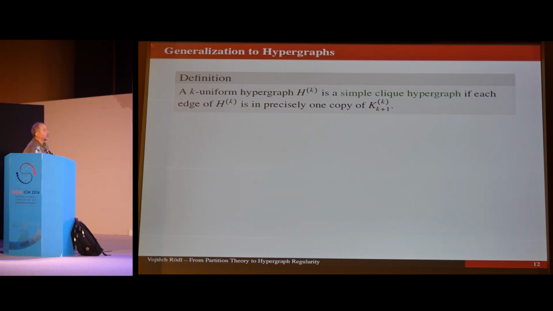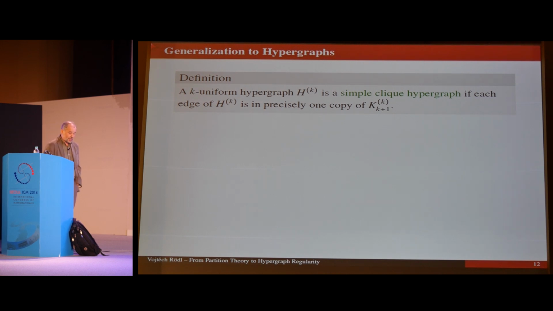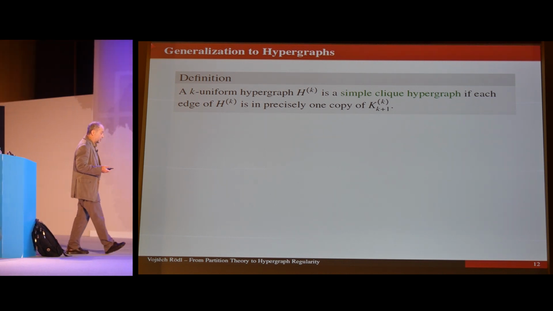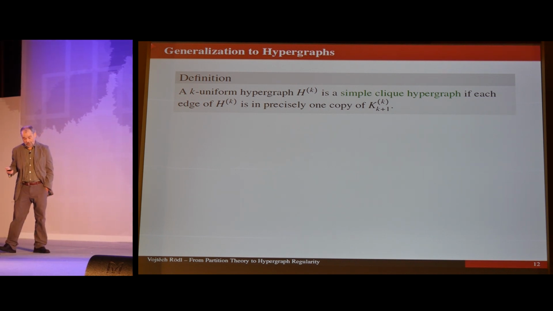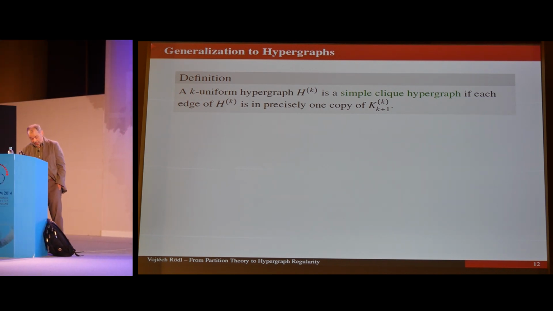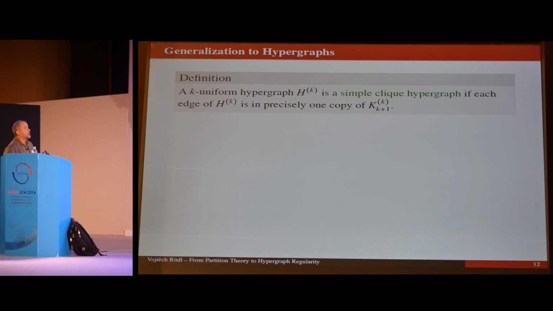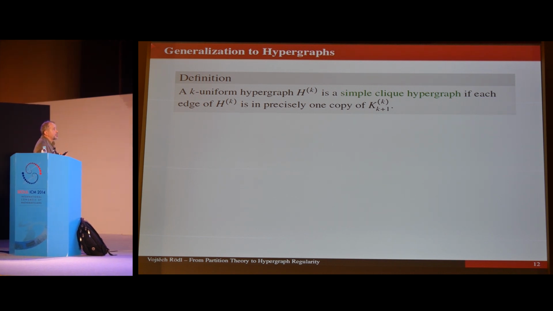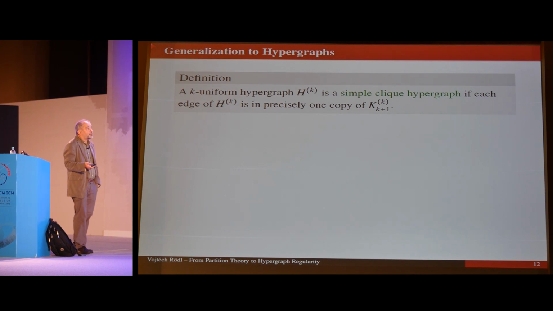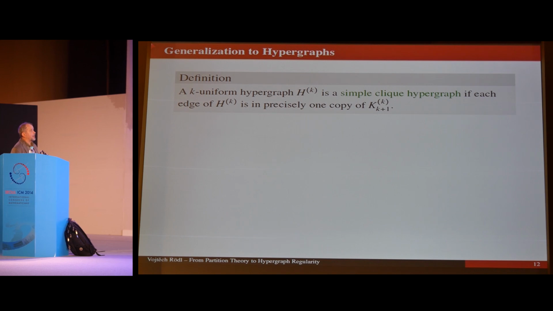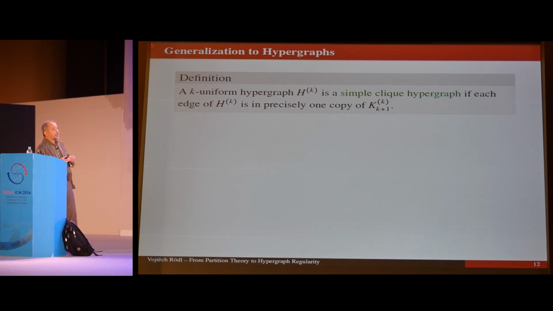So the natural question is whether it's possible to extend their theorem to give a result for arbitrary long arithmetic progressions. And one could consider a very natural definition: a k-uniform hypergraph will be called a simple clique hypergraph if each edge of that hypergraph is in precisely one clique which is one vertex larger than the uniformity.